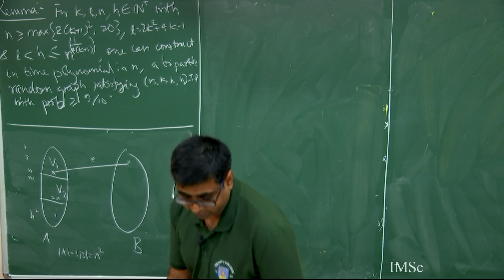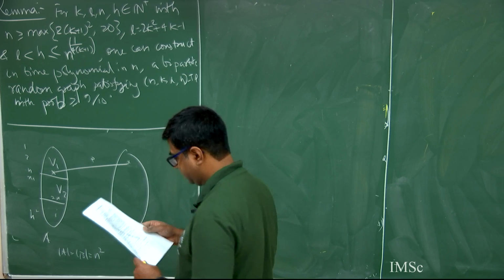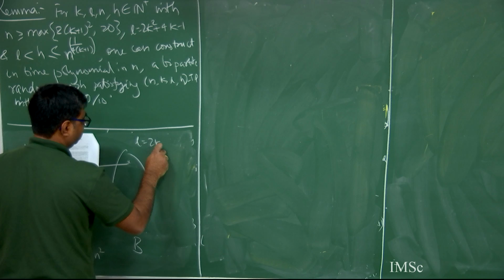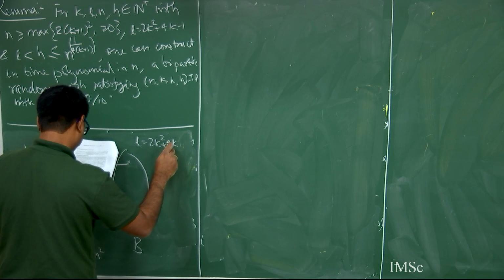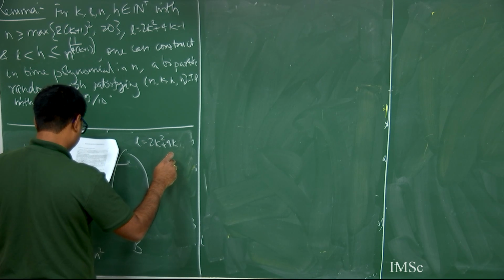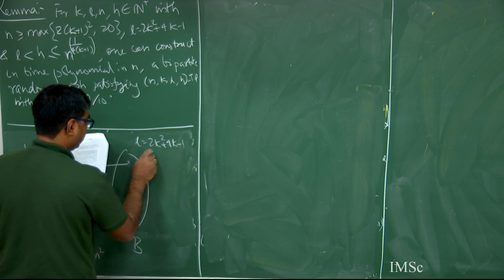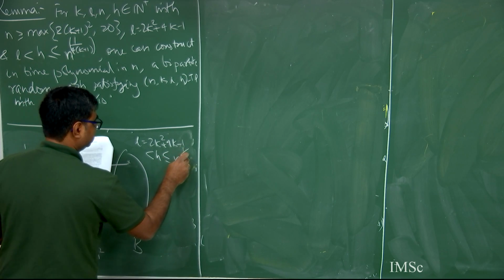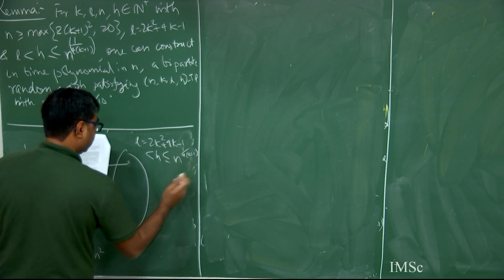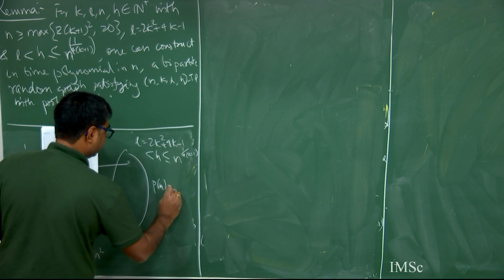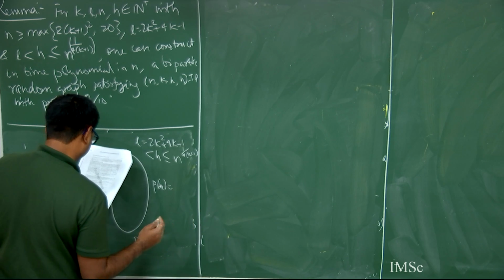For some practical reason, some things are set. So you know what is set: L is 2k square plus 4k minus 1. And I want this to be h, whatever is less than or equal to, and p which depends on n, right, it's set so that the maths goes through.